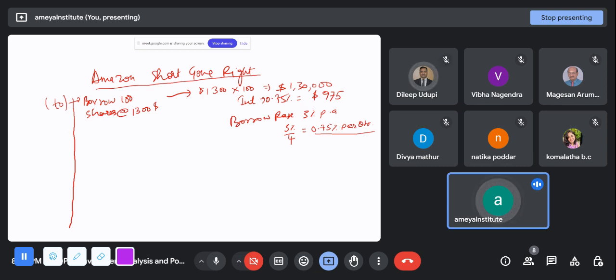Okay, now what will I do? What I have borrowed, these 100 shares, I'll sell these 100 shares. I borrowed 100 shares at $1,300, and I will sell these same shares at a price of $1,300.